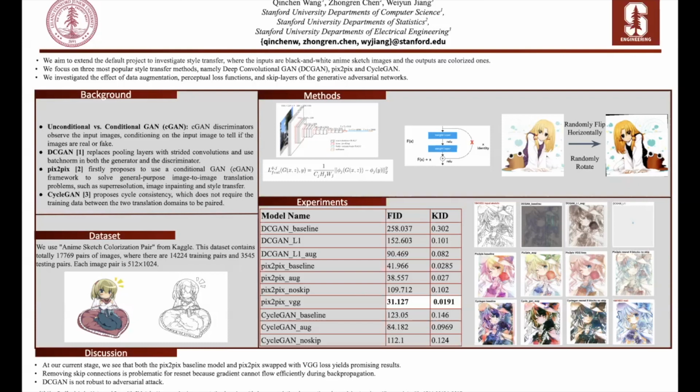The second change we made was with the pix2pix and CycleGAN generator structure. In the default repo, both pix2pix and CycleGAN use a ResNet with 9 blocks for their generator.